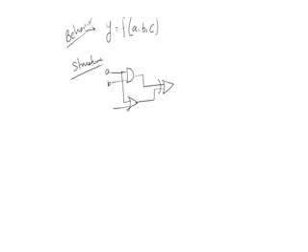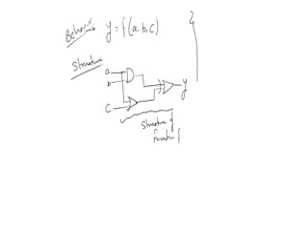So we have three inputs, A, B and C, and we are getting a function output, that is Y. This is nothing but the structure of the function F. So in embedded systems we talk about the behavior and structure of the system.